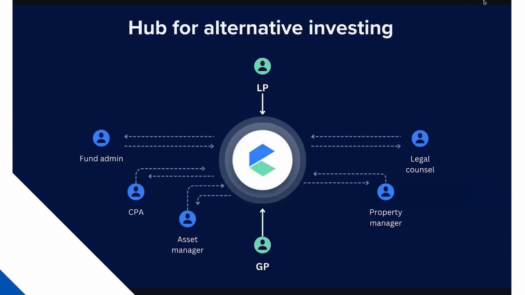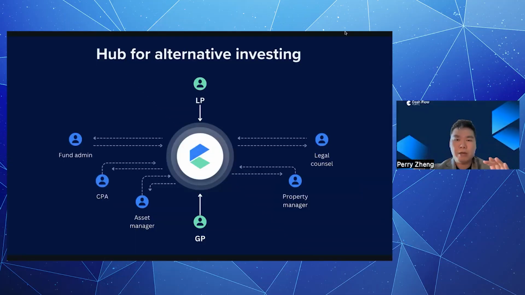I want to say something here. The way you look at Casual Portal, by the way, is the hub where the LPs and GPs go. GPs go there to administer their investors. LPs go there to see their documents, sign documents, receive their K1s, get their distributions, and maybe update their bank account. You might say, well, how do legal counsel and CPA work? Legal counsel will provide the legal documents.